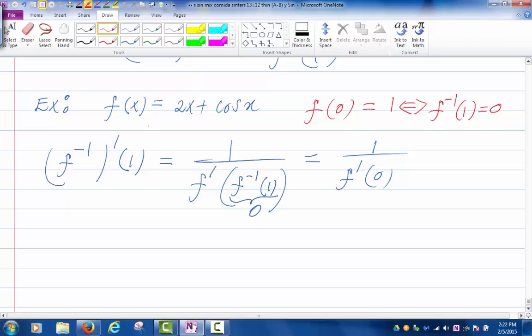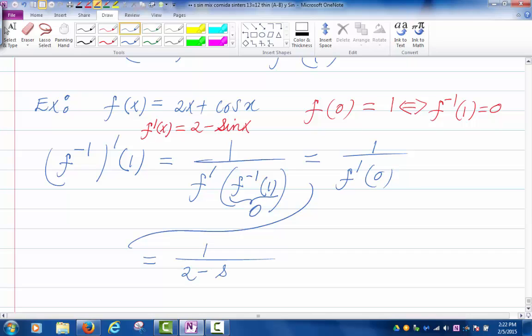Well, what is f prime of x? 2 minus sine x. That's the derivative of f. So then this is equal to 1 over 2 minus sine 0, which is half. Is everybody okay with that?